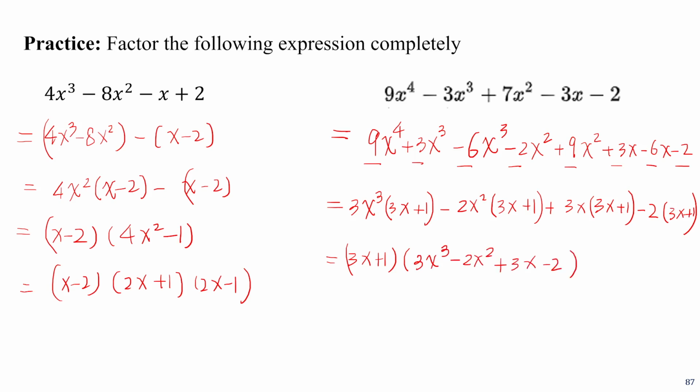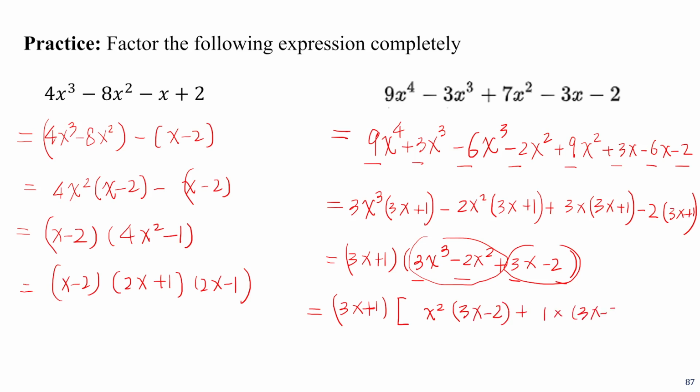So note that the ratio of the two adjacent coefficients is 3 to negative 2 now, right? So we can group them like this, first two terms and last two terms, which gives us 3x plus 1 times x squared times 3x minus 2 plus 1 times 3x minus 2, right?